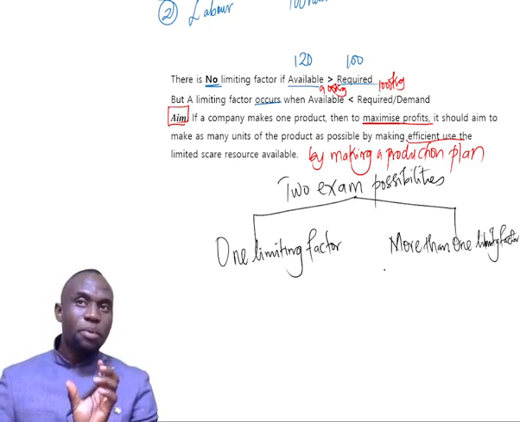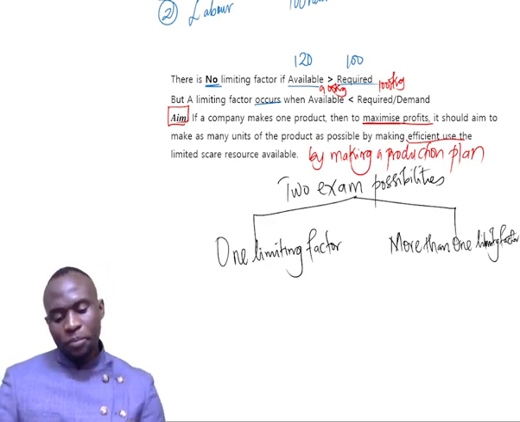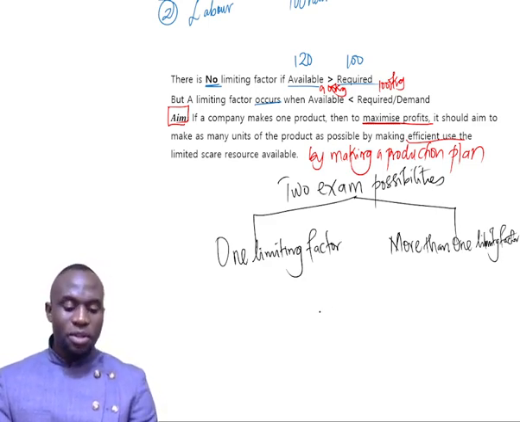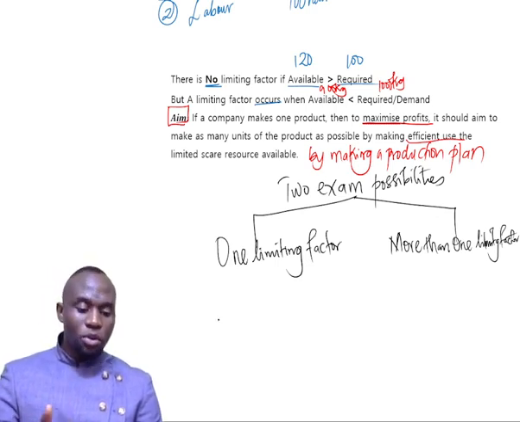So it can either be one or multiple limiting factors, more than one limiting factor. In all these, the aim is to get the optimal production plan.